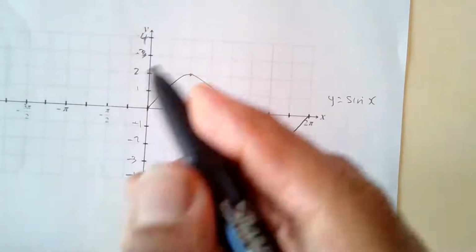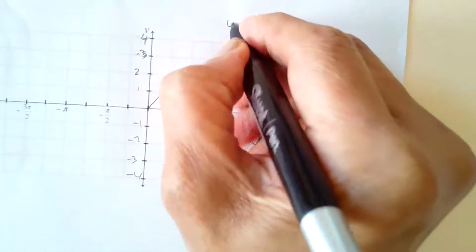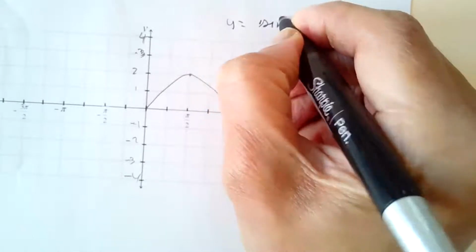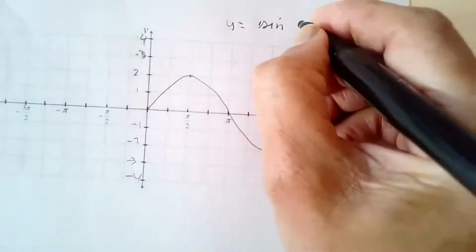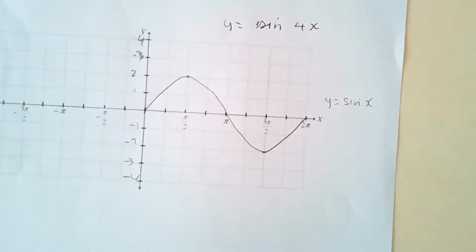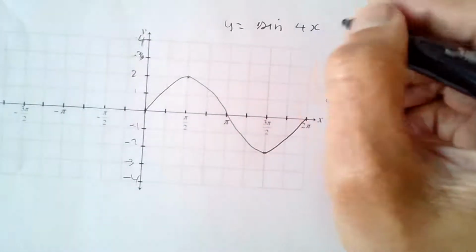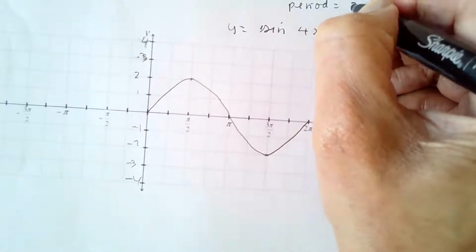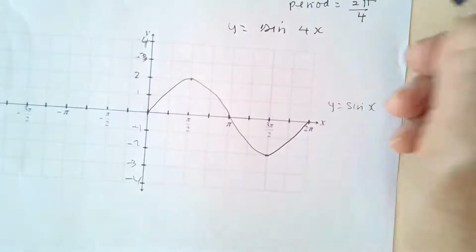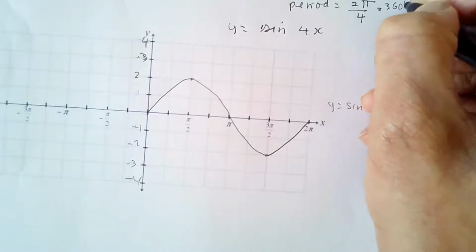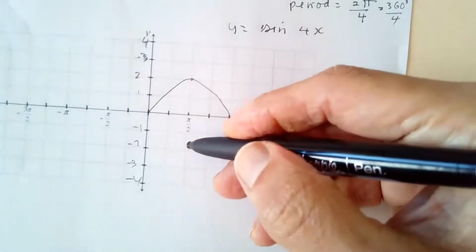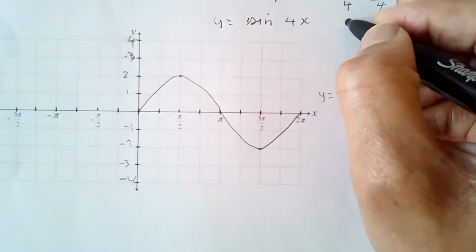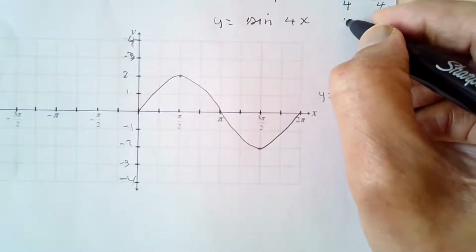Now we want a graph that's y is equal to sine 4x. Algebraically, the period here would be 2 pi over 4, or 360 over 4. Since we're dealing with radians here, we'll stick with radians. So in other words, the period here now is half a pi, right? 1 over 2 is half a pi.